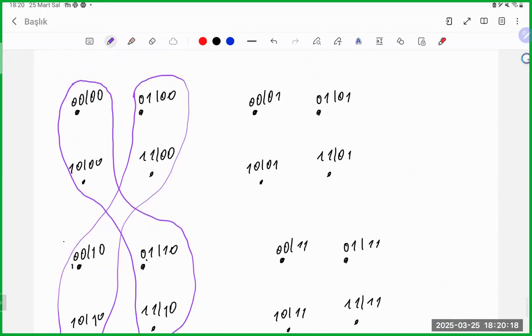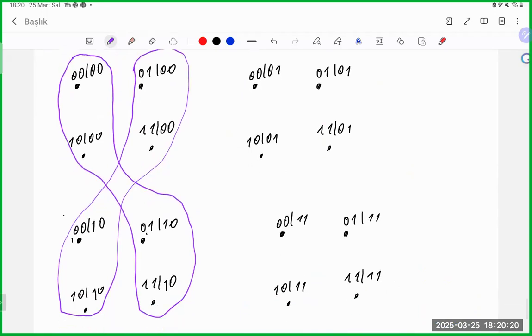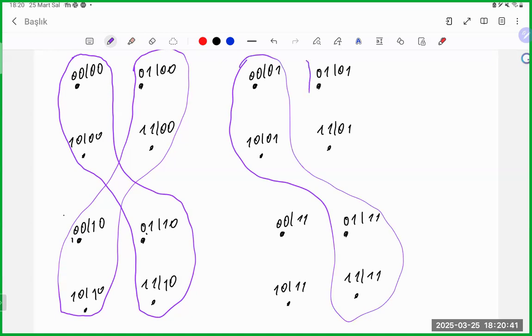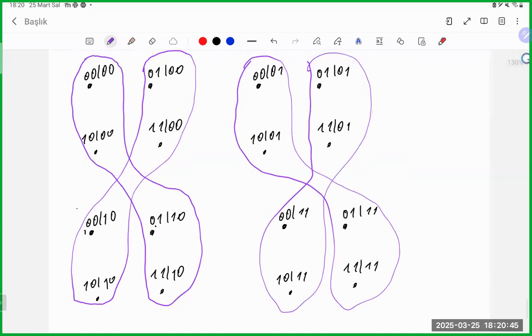Here Bob still measures his zero measurement, and Alice chooses her one measurement if Bob measures zero, and the converse. With the same logic, it gives this hyperedge and that hyperedge.